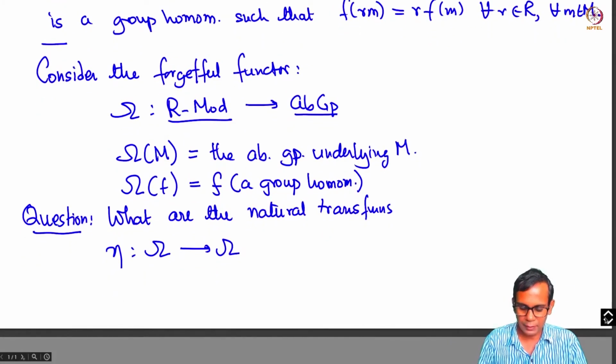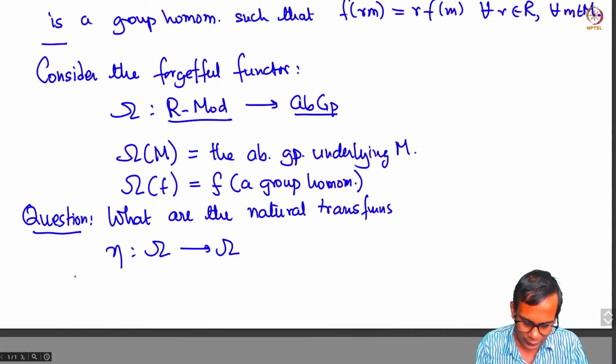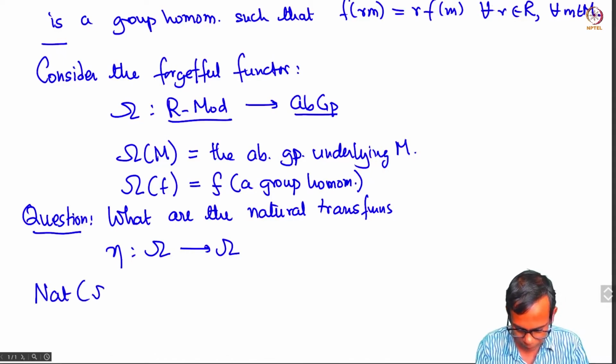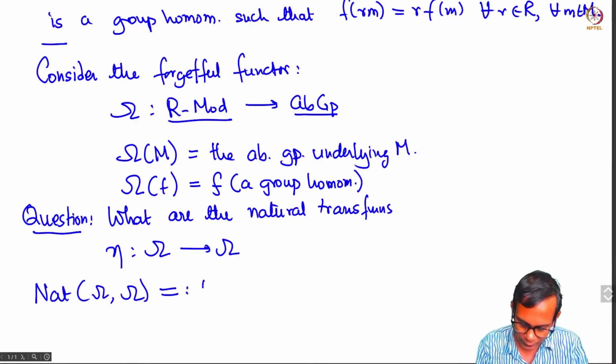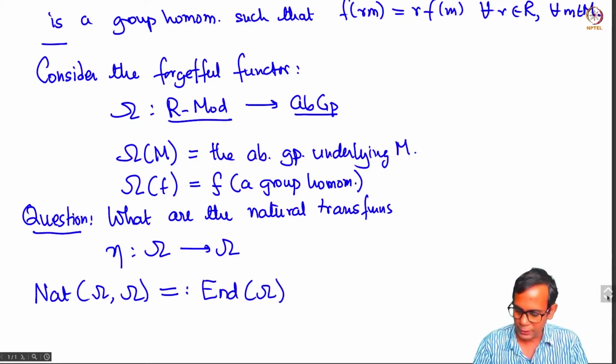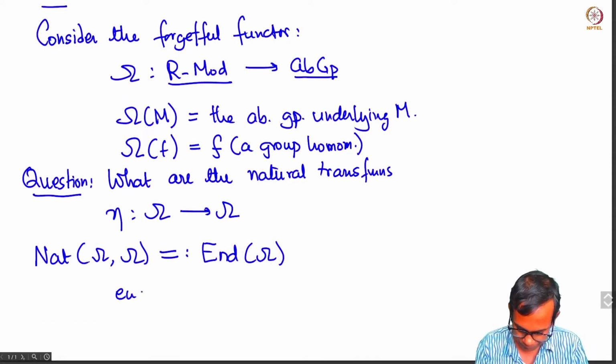Okay, so this collection of natural transformations we can denote by Nat(omega, omega). So we are asking what is Nat(omega, omega), and sometimes this is also denoted by End(omega), which means the endomorphisms of the functor omega. That's just terminology.